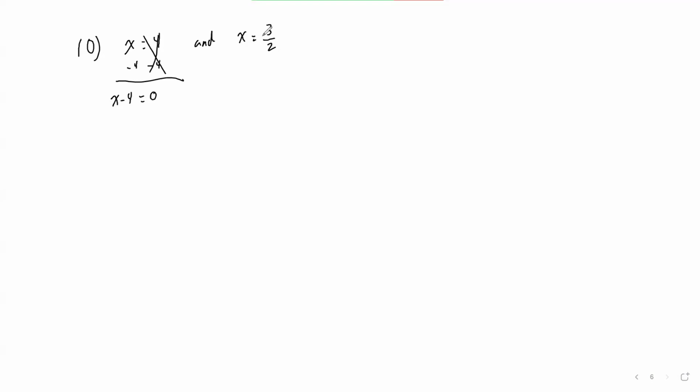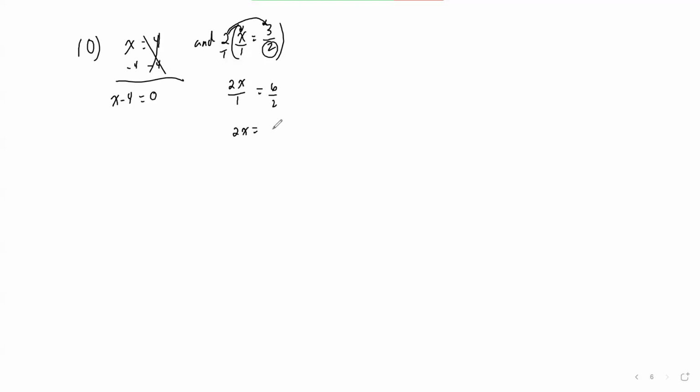Over here, I don't like fractions. So I'm actually going to multiply by 2 because that's my only denominator. So I multiply both. Remember, this is over 1. So 2 times x is 2x. You can put 1 over 1 if you would like. And then 2 times 3 is 6. 1 times 2 is 2. But then we're going to simplify this. So 2 divided by 1 is just 2.